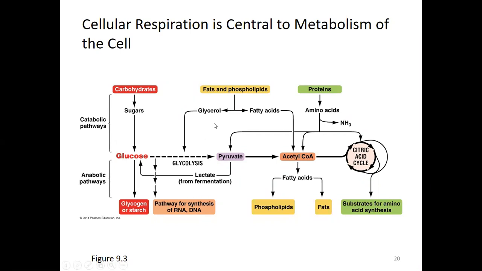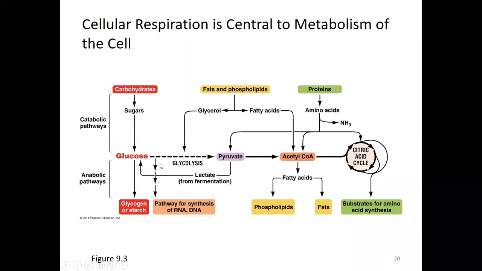If, however, you want to build things in the cell, you want to do anabolism, you can take any of the breakdown products along this metabolic pathway, stop breaking them down, and use them for other things. So glucose, before you put the 2-phosphates on it, you can make into glycogen or starch for storage.